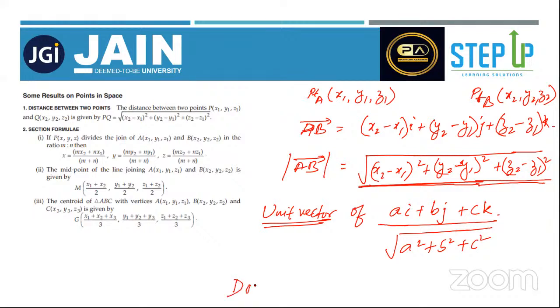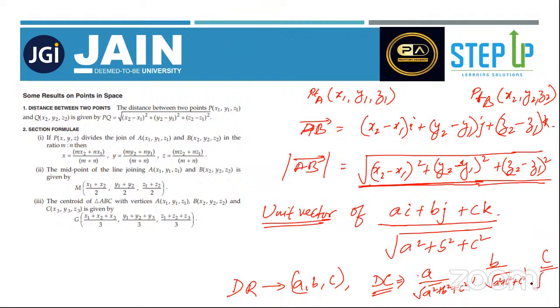What is the direction ratio for this? The direction ratio is A comma B comma C. What is the direction cosine? It is A divided by root under A square plus B square plus C square, B divided by root under A square plus B square plus C square, as well as C divided by root under A square plus B square plus C square. So this is the direction cosine.